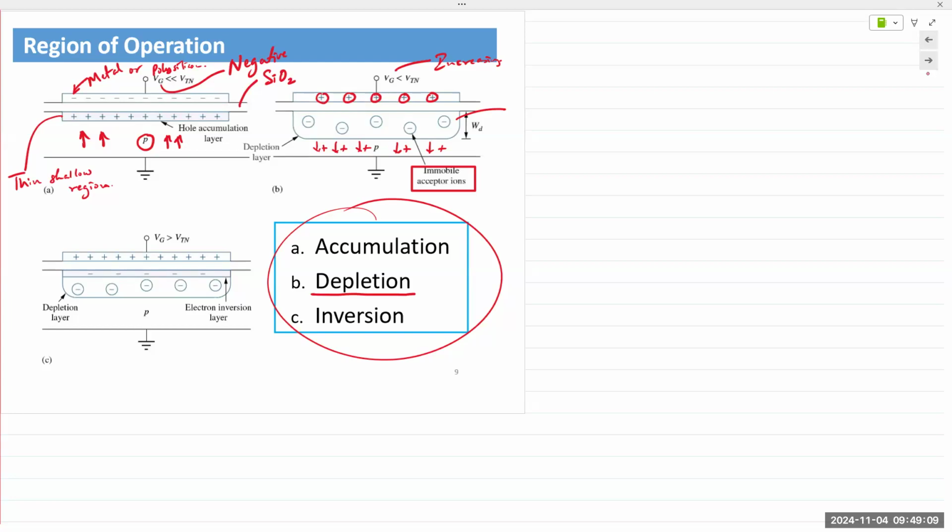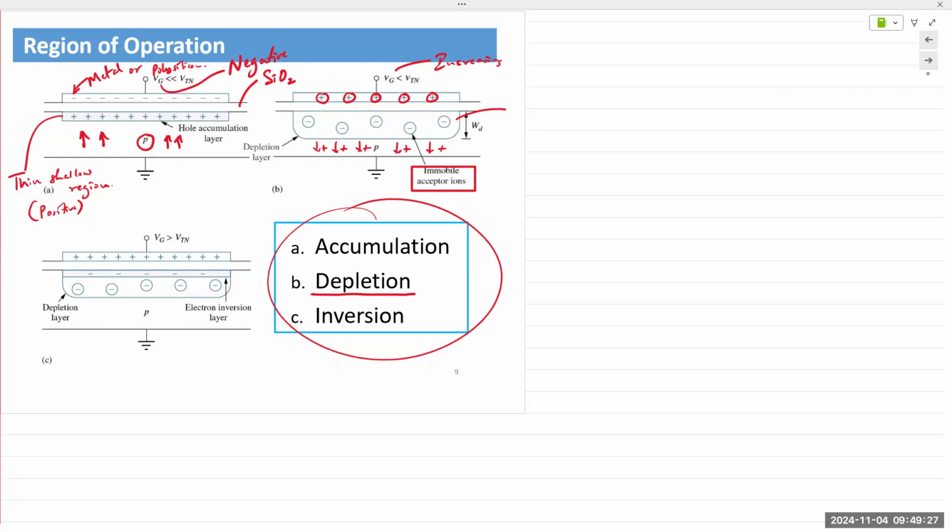Okay. So now comes inversion. The reason it's called inversion is because in the accumulation, we had a positively charged region due to a negative voltage applied at the gate.